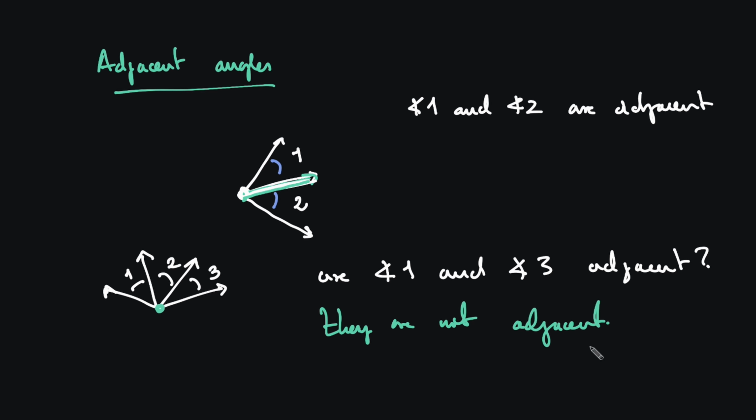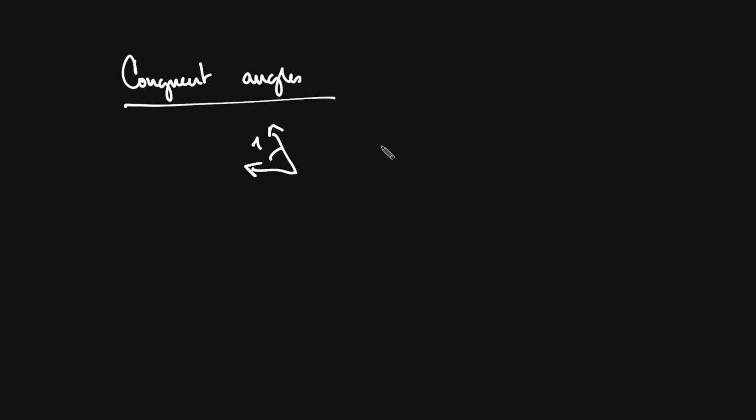Right? Just that simple. Another useful definition that we're going to use a lot is congruent angles. Congruent angles are angles that have the same measurement. So if I have an angle like this, let's call it 1, and I have an angle like this, let's call it 2, and they have the same measurement, they are congruent.